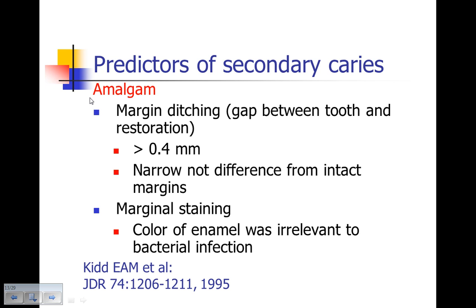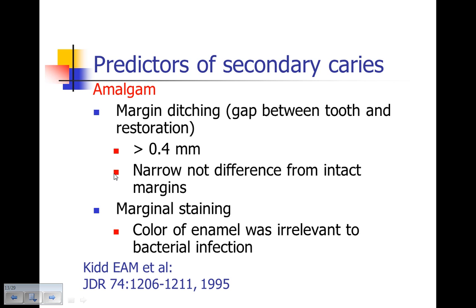And what her group found, looking at these extracted teeth, is that if the margin was ditched, a gap between the tooth and the restoration, and it was greater than 4/10 of a millimeter, about the diameter of a periodontal probe, this ditching was indicative of secondary caries.